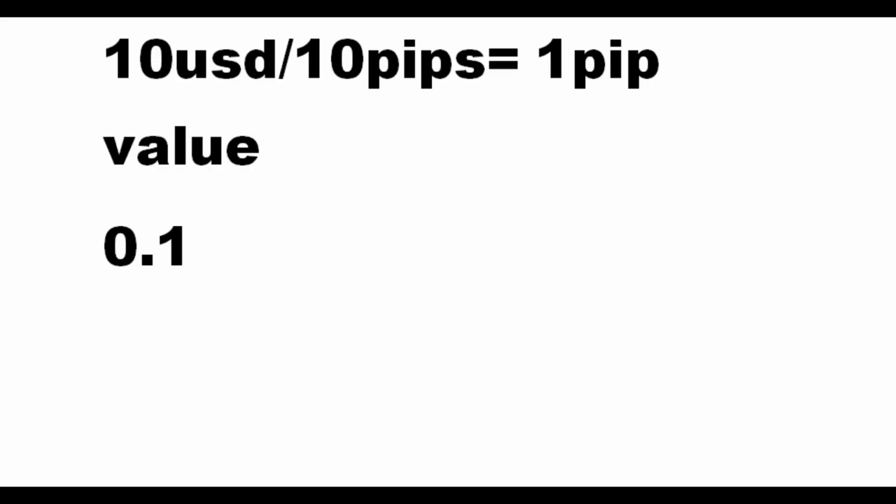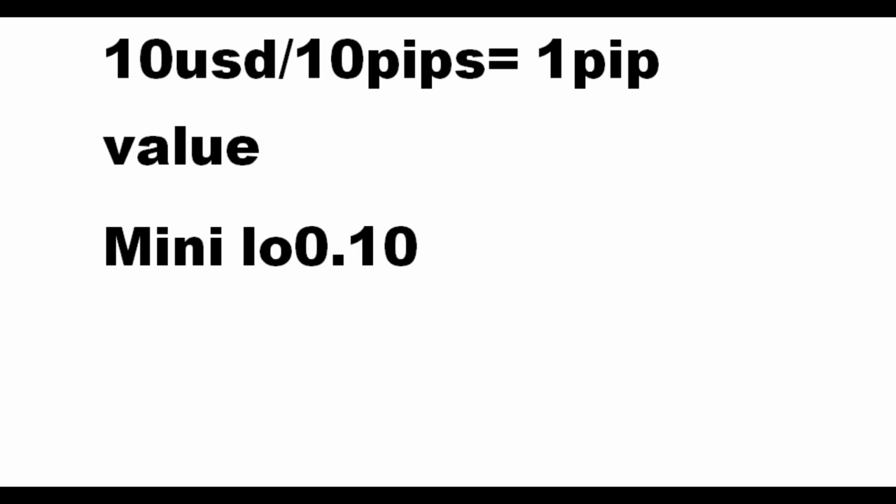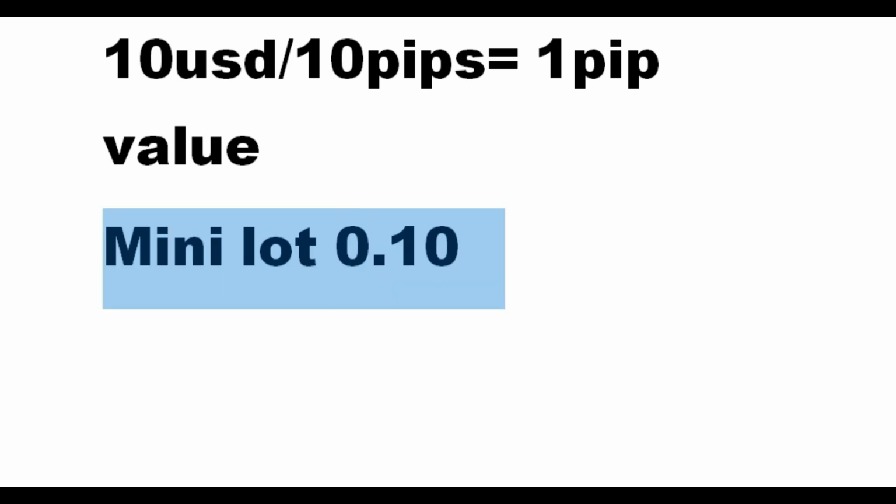This is what you put into your broker, and this implies that you have entered a trade with a mini lot size. You are trading knowingly, which implies that you're trading professionally.